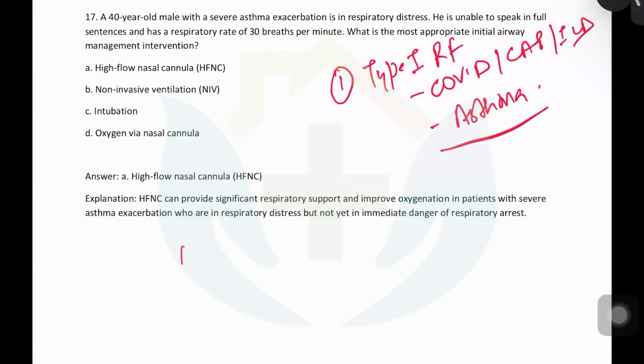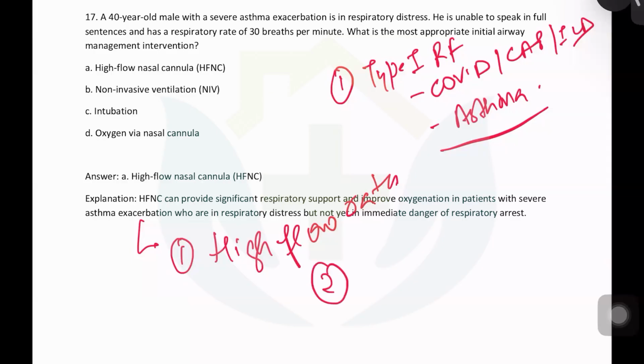Now, how does it work? It basically gives very high flow rates, in excess of 50 liters per minute, 60, 70 liters per minute. Now when you are giving at such a high flow rate, what do you generate? You don't allow the patient to breathe out.